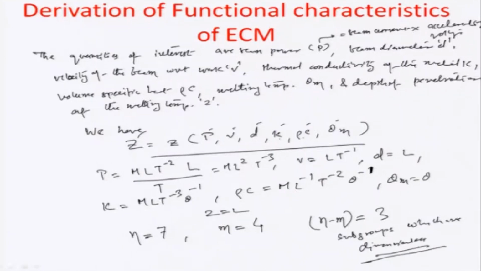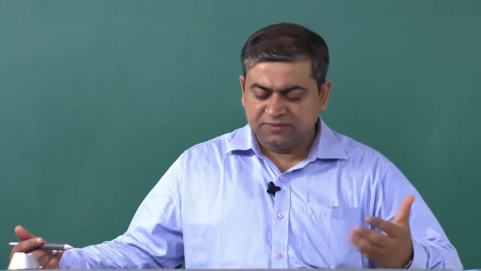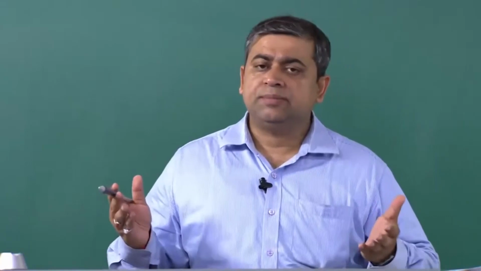And so, we have to somehow be able to correlate by raising these different quantities to different powers to arrive at this condition that at least 3 subgroups formulated by the various combinations of these 7 parameters would have no dimensions, or would be completely dimensionless.